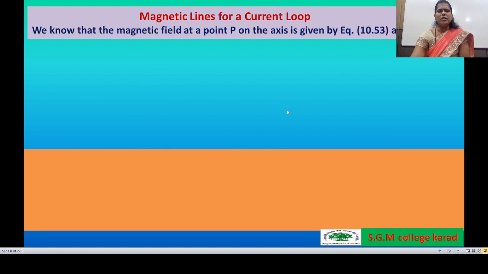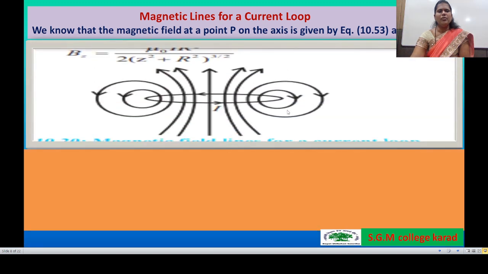Now first of all we will see magnetic lines for current loop. What is meant by magnetic lines? If there is a magnetic field, there are magnetic lines of force. In this diagram, we know that the magnetic field at a point P on the axis, as we saw in the last lecture, is Bz equal to mu 0 I r square upon 2 (z square plus r square) to the power 3 by 2.